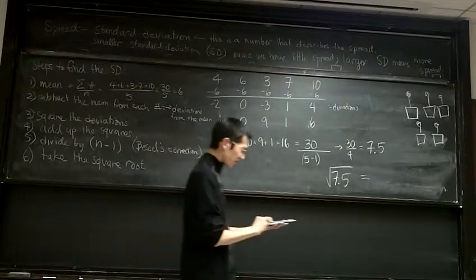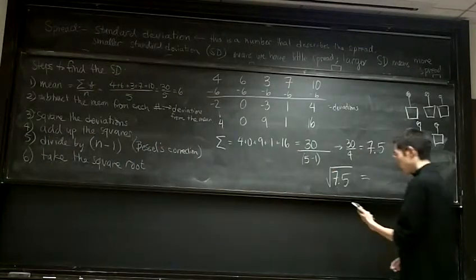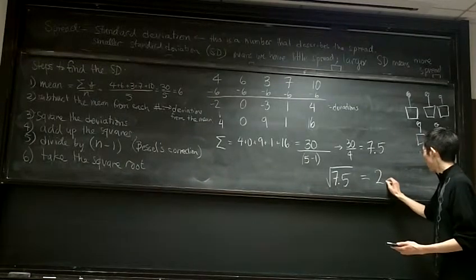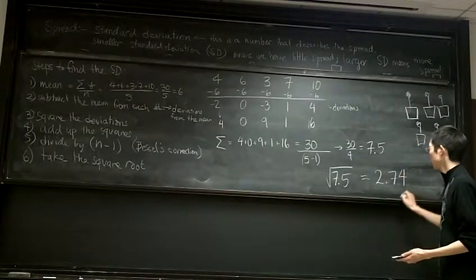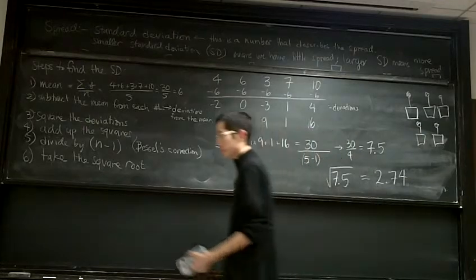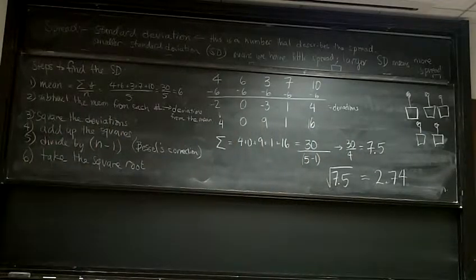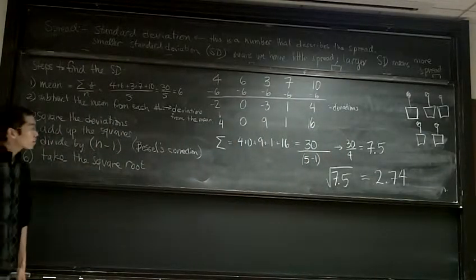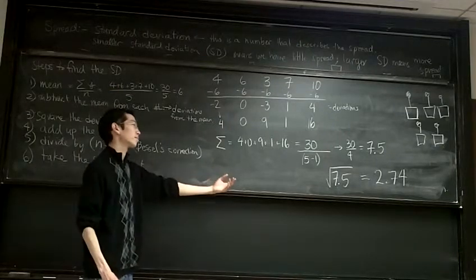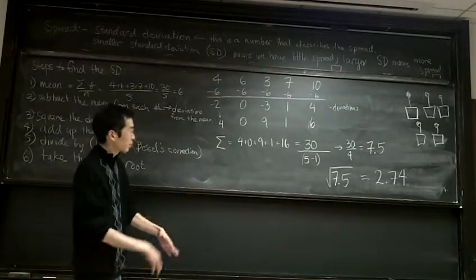So square root of 7.5, 2.74 is what I get. 2.74. And this is our measure of spread.